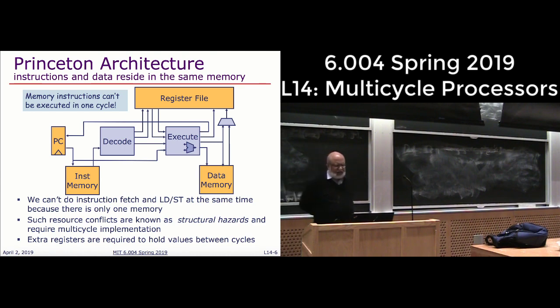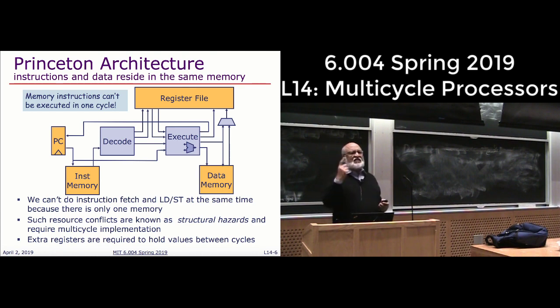All right, so memory instructions. What I'm interested in this lecture is what is the consequence? Suppose I said, instead of having two memories, I have only one memory. What will it do to my design? Should I stand up and say, sorry, now I can't design my computer? No, of course we can design a computer.